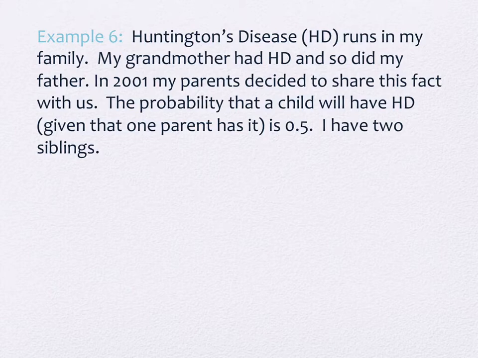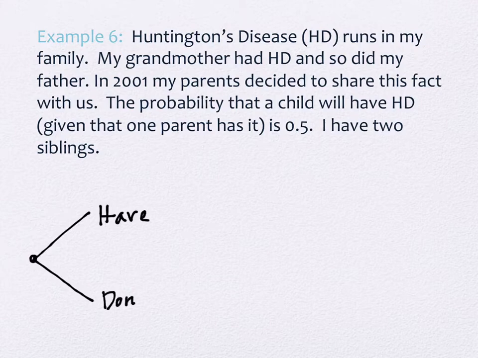I'm the oldest, so this first branch is me. There are 2 possibilities: I have it, or I don't. And it's equally likely, which means each branch is a 0.5 probability. My sister is the next one.